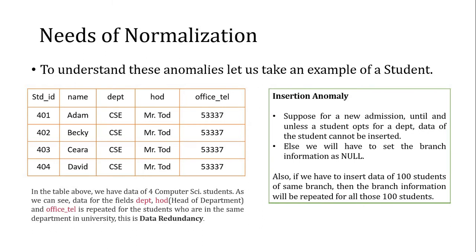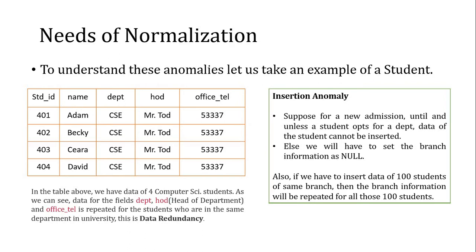Suppose for a new admission, unless a student gets a department, the data of the student cannot be inserted. Suppose a student is qualified for admission, but if I want to insert him into this table, I cannot do it because he or she has not yet got the department ID or department number.